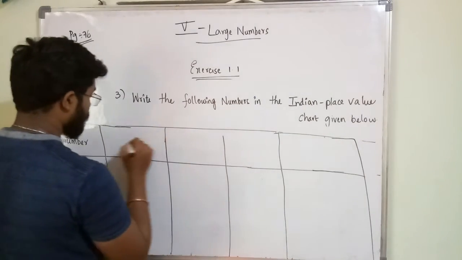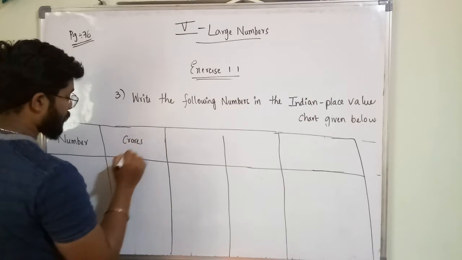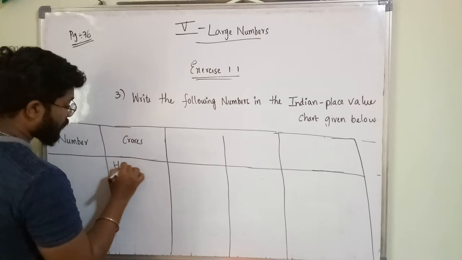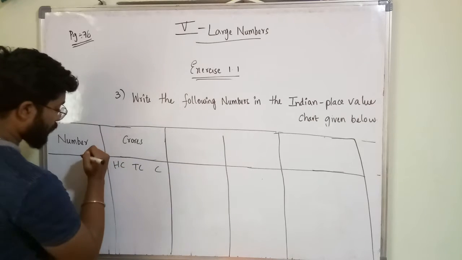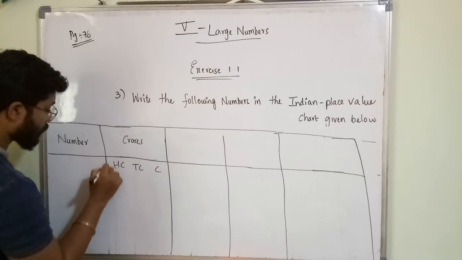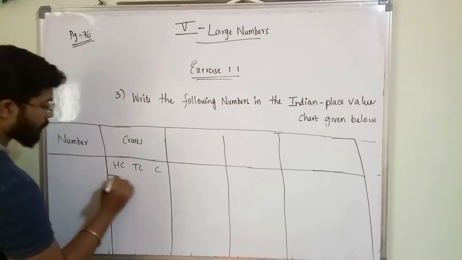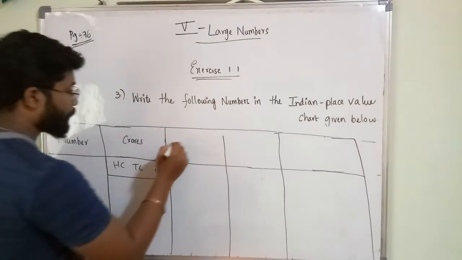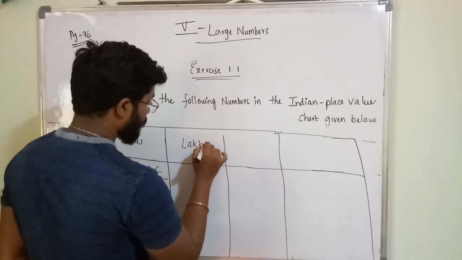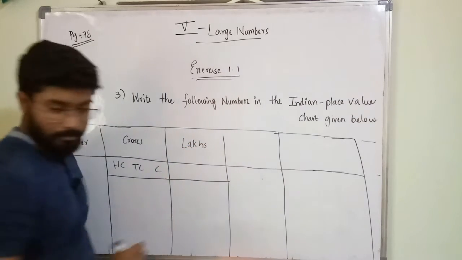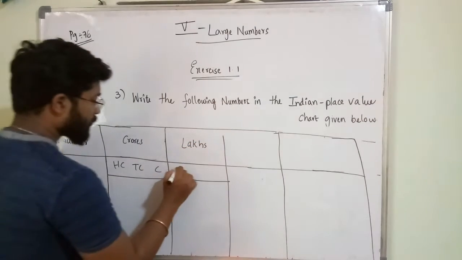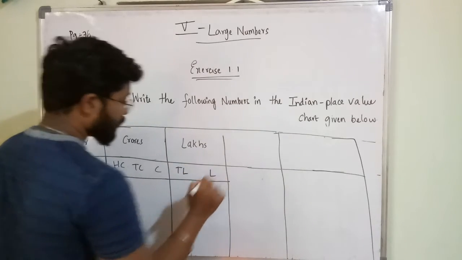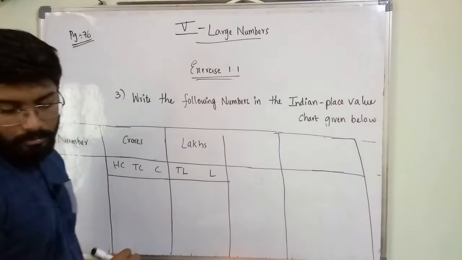Crores. Lakhs. Ten lakhs. Lakhs. Okay. Thousands.